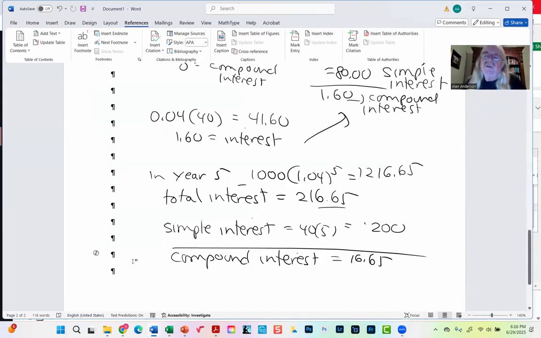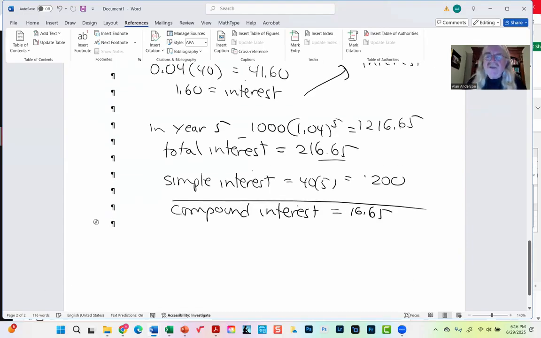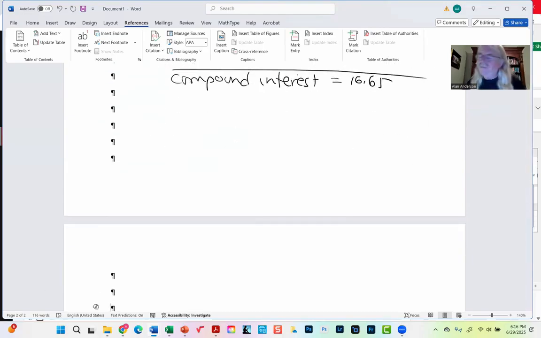Now you're probably saying, well, that's not much. It's not that it's not worth worrying about, but it's a very small percentage of the total. But what's going to happen here is that over time, if you were to plot out the simple and compound interest as the years go by, the simple interest grows like this.